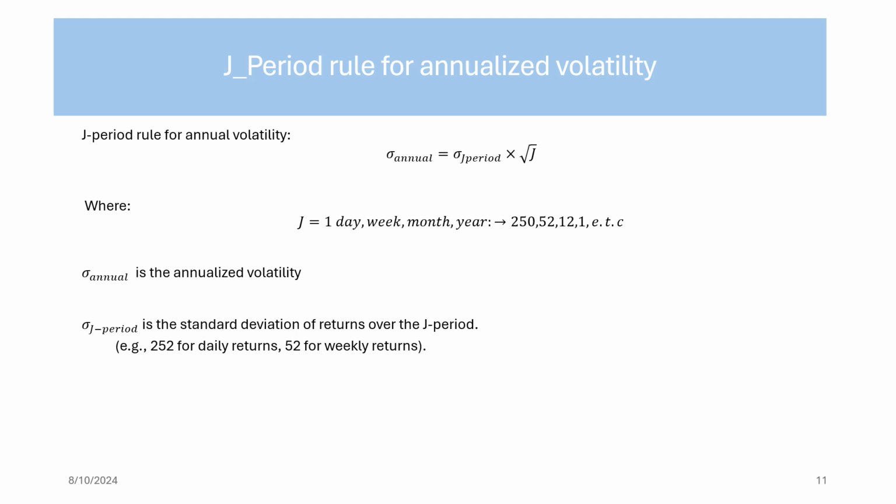But now here comes something to clarify the word volatility. Loosely speaking, volatility is called a standard deviation.